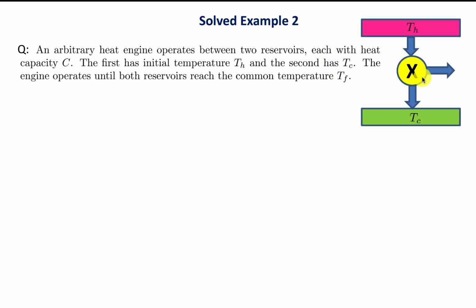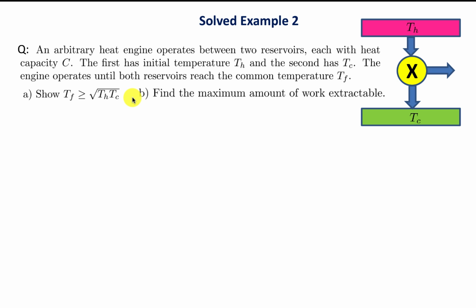This is not a Carnot engine, any engine. As heat flows to this machine and waste heat exits the machine, work is performed. We are asked to show that the final temperature has to be greater than the square root of the two initial temperatures. And in the second part, find the maximum amount of work that can be extracted.